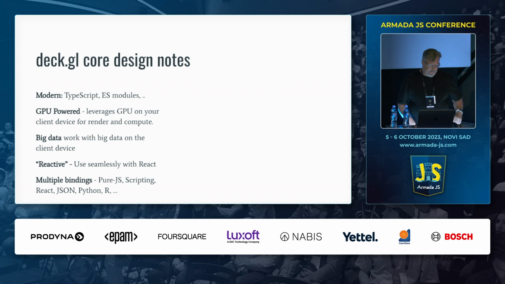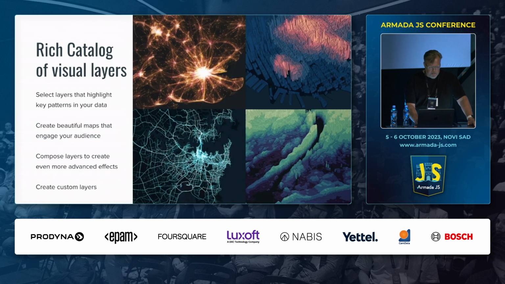It is reactive in the sense that you can work with it in a functional way, and it works seamlessly with React, though it does not depend on React. It has React bindings if you want a convenient integration, but you can use it with other frameworks. And again, it has many bindings. There is a pure JS version, there's a scripting version for ease of use, there are the React bindings, and we also have a JSON version where you can create JSON descriptions of your layers. There are Python bindings, and even R bindings developed independently.